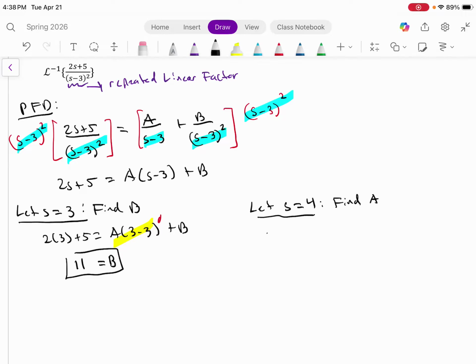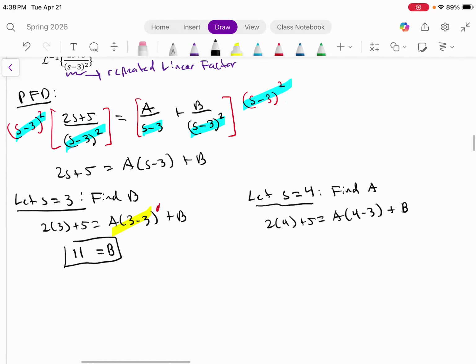So this would be 2 times 4 plus 5 equals A times 4 minus 3 plus B. Okay, so this would be 13 on the left side, just A plus B, but we already know B is 11. So that means A is just 2.